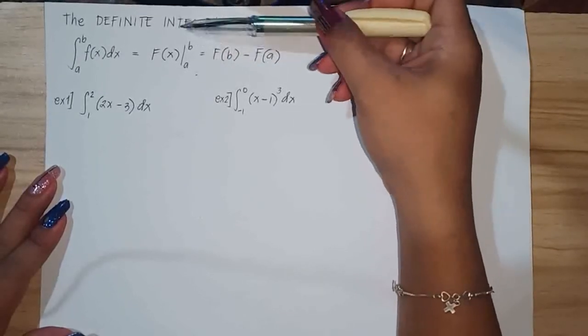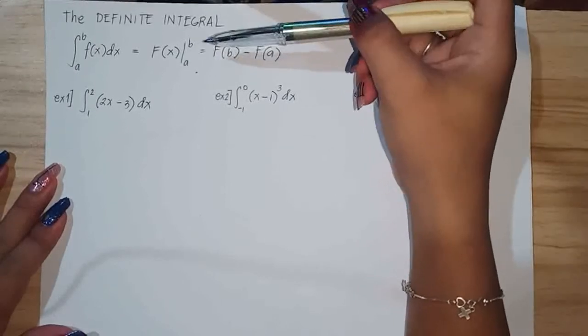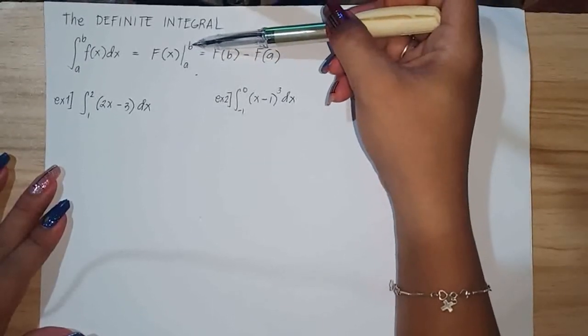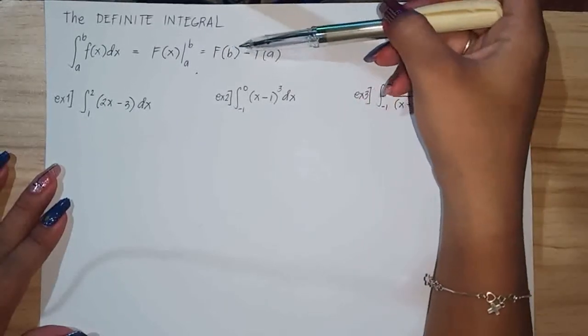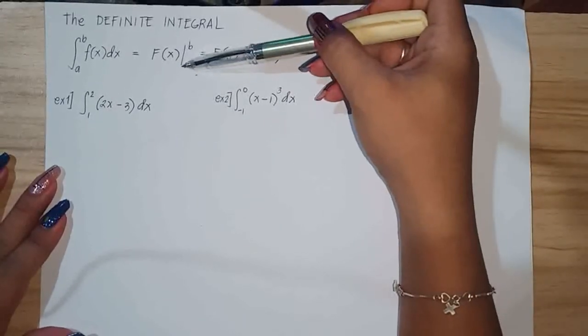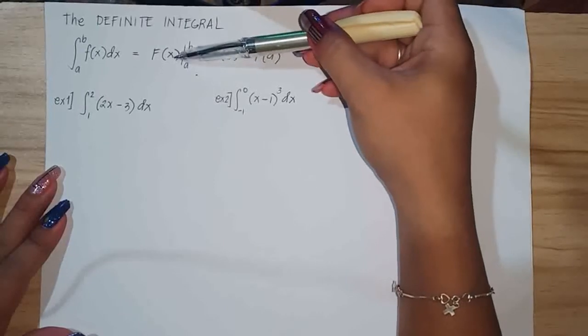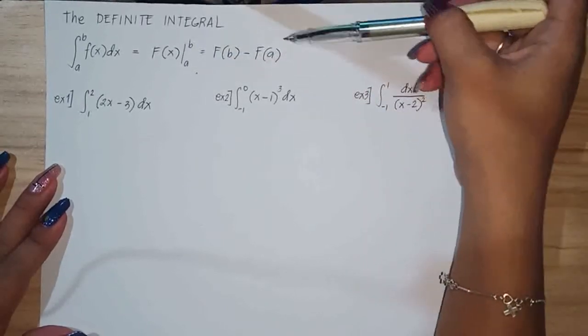So how do we evaluate this? You just substitute b as the value of x first, minus, then you substitute a, which is your lower limit, as your x. So that is F of a.